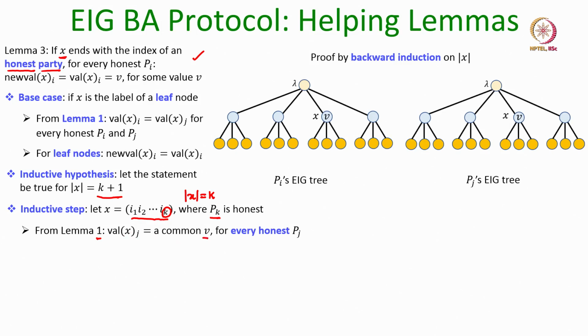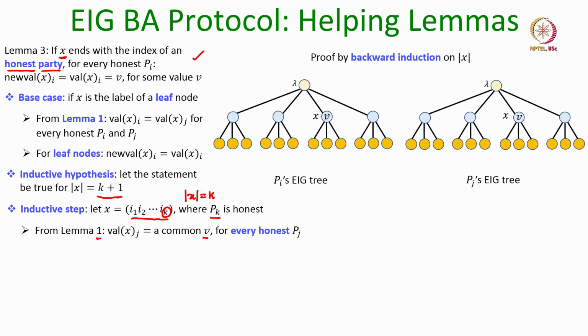That means, in Pi's copy of the EIG tree the old value of x will be v, and in Pj's copy of the EIG tree the old value of x also will be v, and if there are other honest parties, in their respective copies of the EIG tree, the old value of x will be v. That comes from lemma number 1.